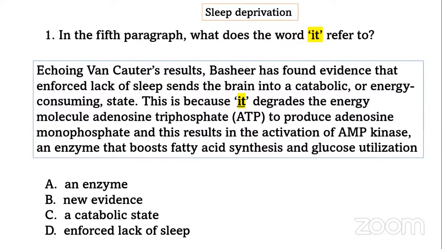Here you can see that in the fifth paragraph, what does the word "it" refer to? You know that "it" is a pronoun, and it denotes singular form. So if there are any plural forms in the answer options, you can easily eliminate them. The pronoun will always be preceded by the noun or subject.